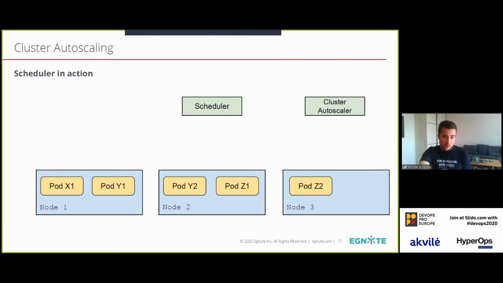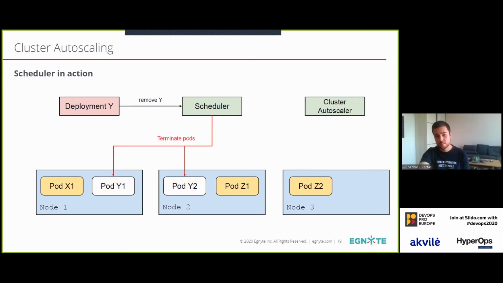So everything works as intended. But what happens if now we decide to remove deployment Y? We make a request to remove the deployment from Kubernetes, and the scheduler takes action and terminates pods Y1 and Y2.